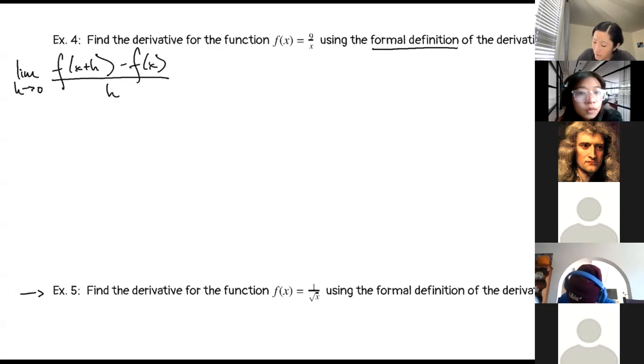And so let's look at our function. Everywhere we see an x, we're going to plug it in. And so we have a 9 over x situation. So what is that going to make my f of x plus h? What is my function when I plug in x plus h going to look like?